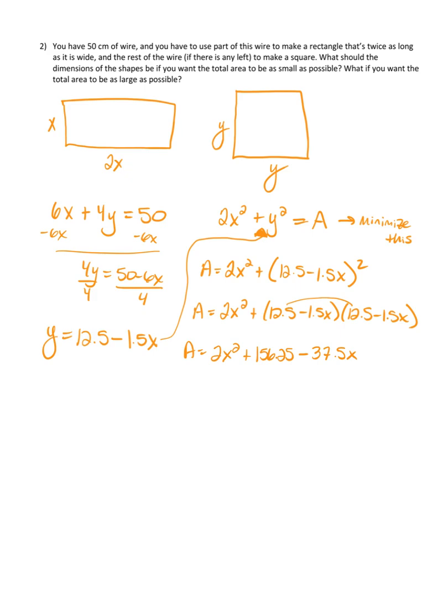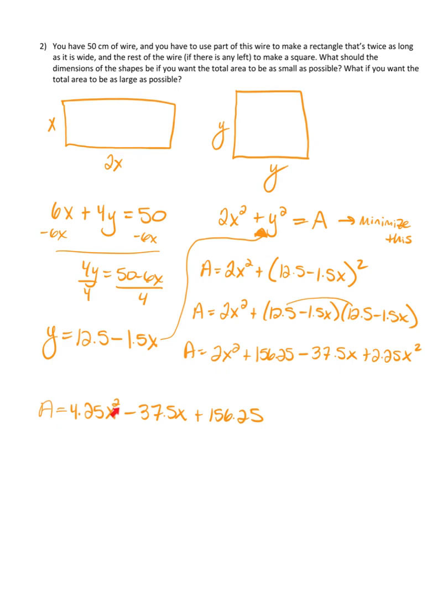And then the lasts come out to 2.25x squared. So I combine like terms, and I have area equals 4.25x squared minus 37.5x plus 156.25.